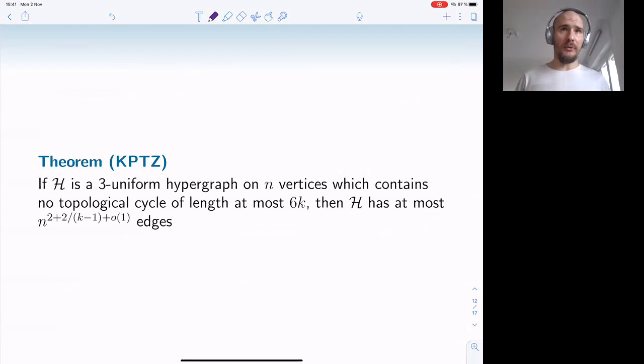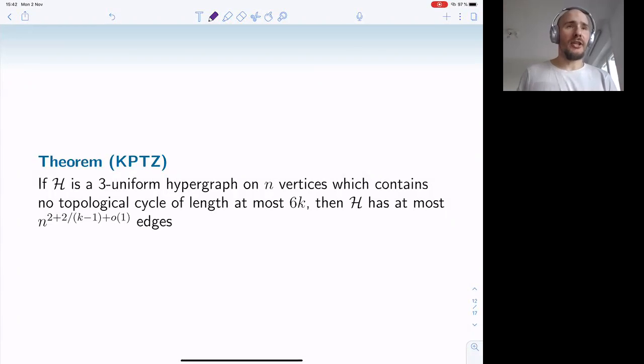This is the only thing we need, that we can find a constant length topological cycle in our hypergraph. So we have this structure to which we can glue our spheres, and it's not so easy actually to get. It required some work to get some result to use here.